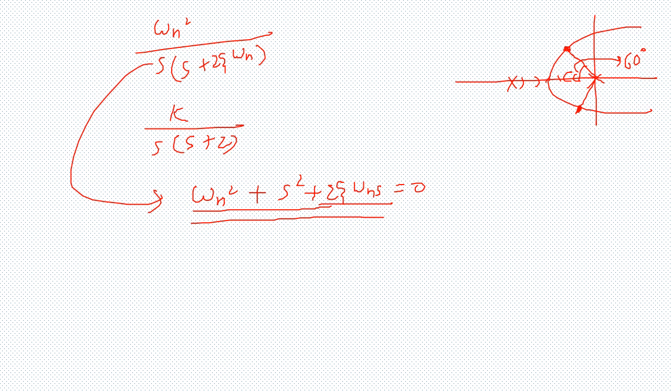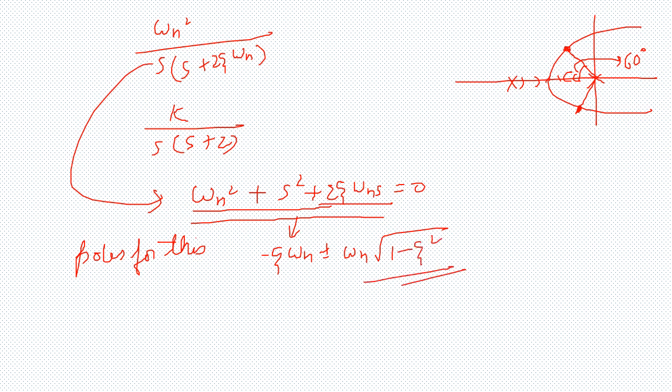And we know that the poles, if they are complex, because he is asking at the zeta equal to 0.5 line, so already it means that the poles are complex, will be given as minus zeta omega n plus minus j omega n under root 1 minus zeta squared. So these are the poles.